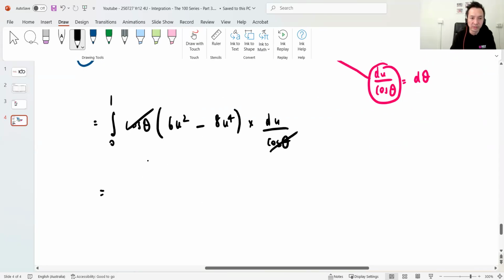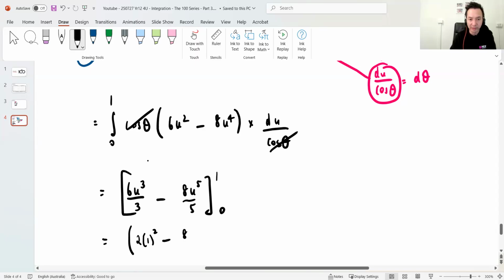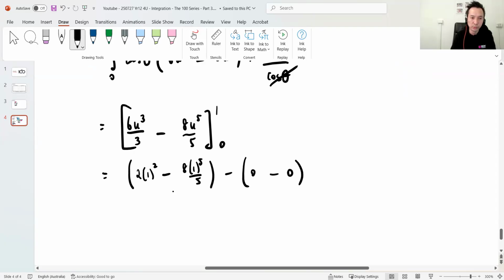Okay, that gives me 6 u cubed on 3 minus 8 u to the 5 on 5, from 0 to 1. So that's 2 u squared. So when I sub in, 2 times 1 squared minus 8 times 1 on 5, minus 0 minus 0. Now 2 minus 8 on 5, that is 2 on 5. Okay, get the same answer.